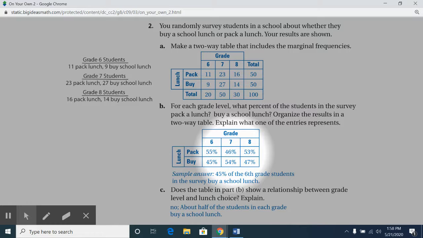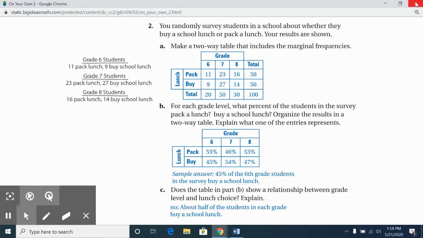But one more time, most importantly, how do we find these percentages? So we're paying attention to what it says here. For each grade level, what percent? That means we use grade level totals to find our percentages. So that's it. Hopefully that makes sense.